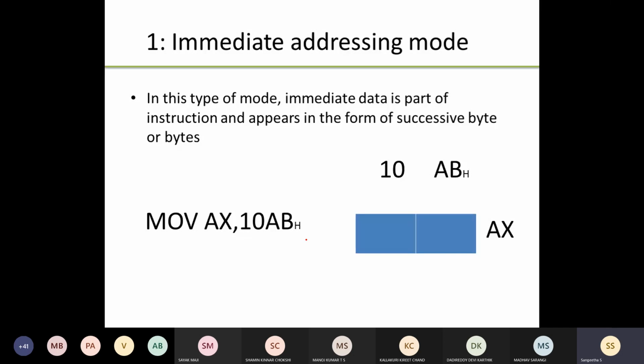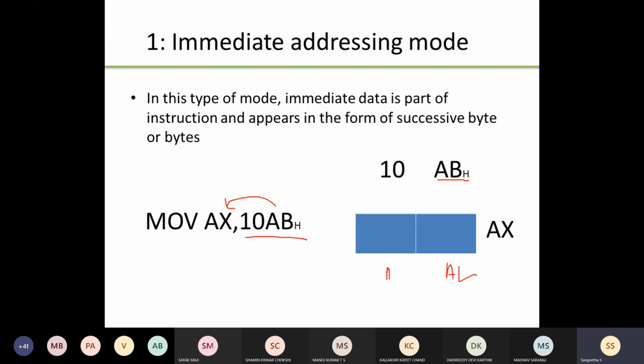In this, the data given, 10AB, is your data, and it has to move to the AX register. So MOV AX means this data will be transmitted to the AX register. This one is your AL and this one is your AH.